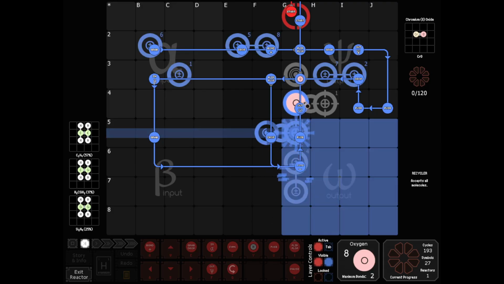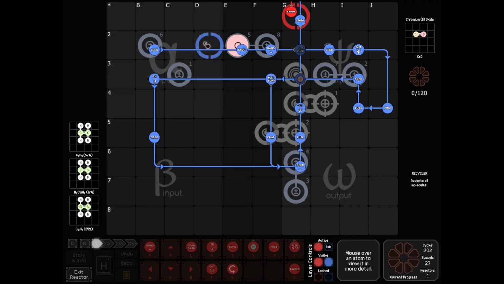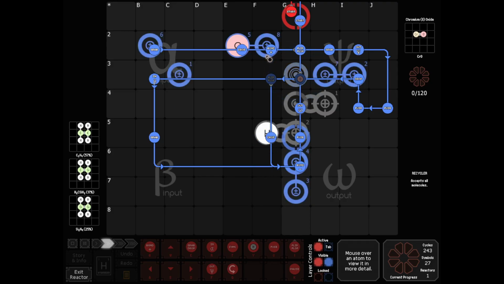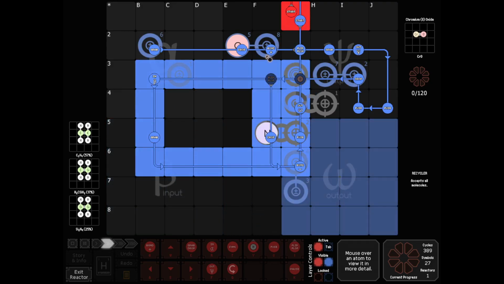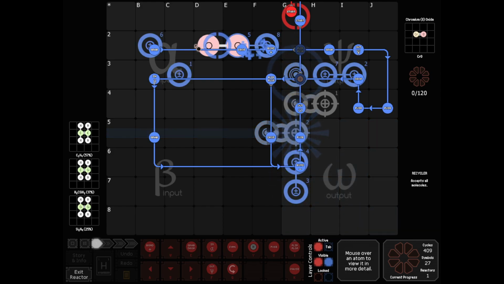And when it becomes oxygen, the sensor right here activates. And it builds an oxygen stick there to the left. So the next one gets put there.